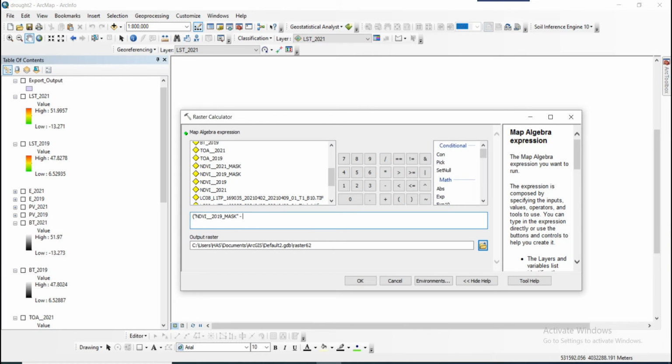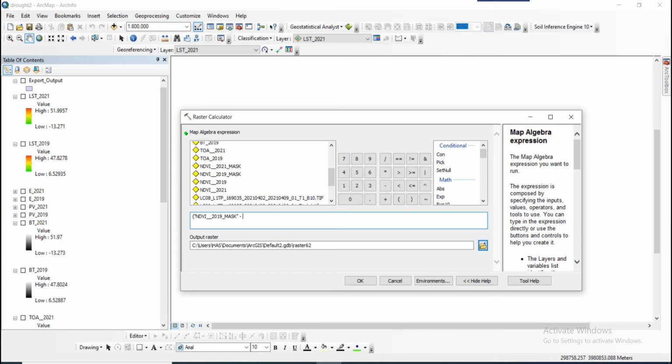So let's guess that we have only 2019, and we need to apply all of these indices only for 1 year in order to know the vegetation condition in that year only.